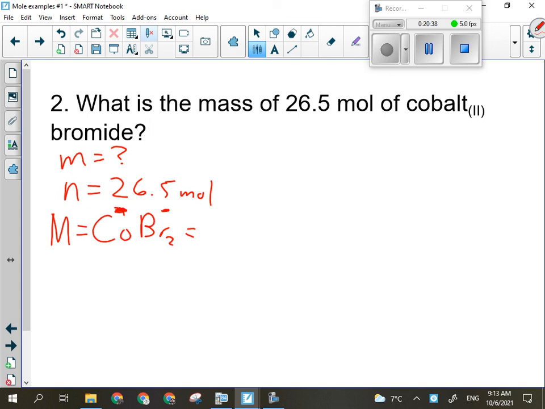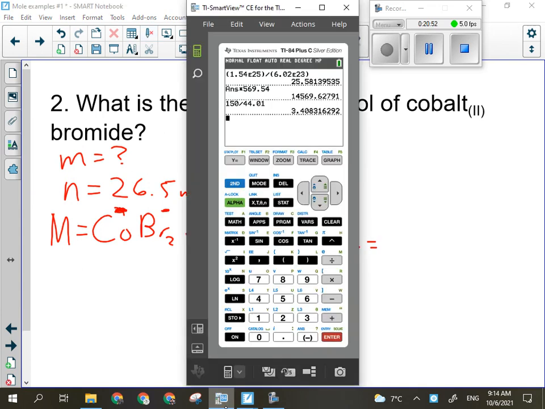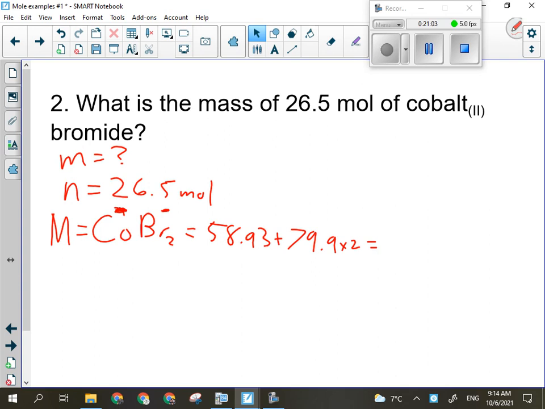Cobalt is 58.93. And we got 2 bromines, so 79.9 times 2. Okay, so we're looking at 218.73 grams per mole. Okay, so those are our givens.